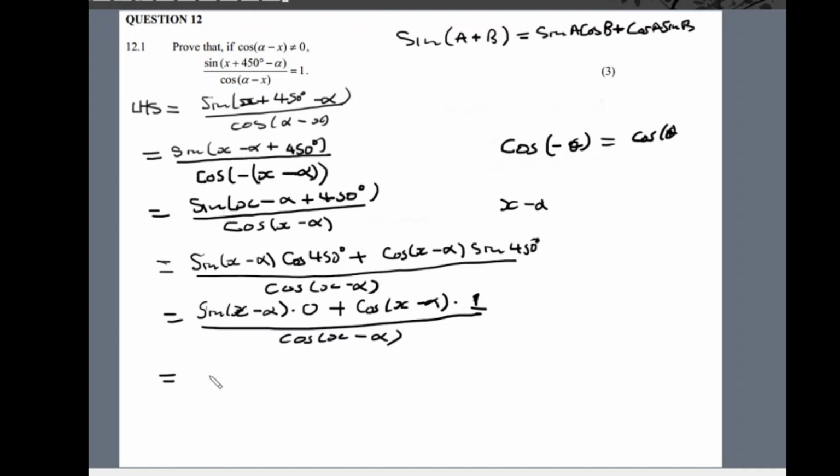Therefore our numerator would be equals to cos x minus alpha, and then we divide by cos x minus alpha, which is equals to 1. Therefore the left hand side is equals to the right hand side. Okay, that is how you solve this question.